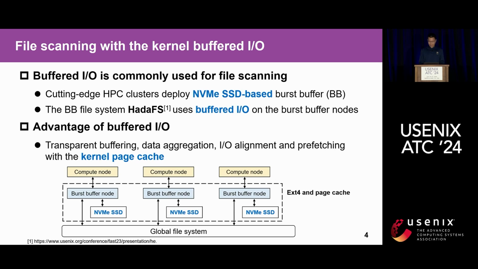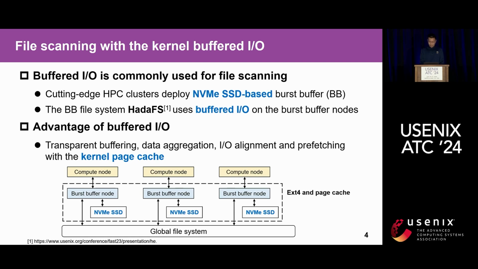Although file scanning can hardly benefit from reused data due to the lack of data hotspot, buffered I/O can still benefit file scanning with the transparent buffering, data aggregation, I/O alignment, and prefetching enabled by the kernel page cache, and that's why buffered I/O is commonly used for file scanning.